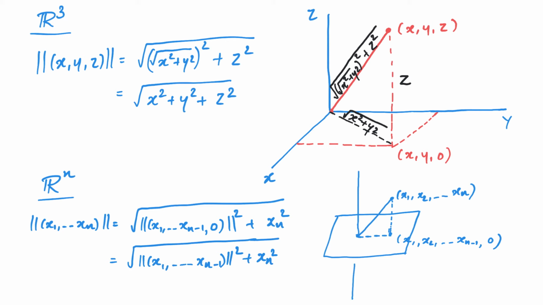And we are assuming that we have already determined what norm is in Rn minus 1. And in Rn minus 1, we are saying by induction that it should be equal to square root of x1 square plus x2 square plus etc. up to xn minus 1 squared. By applying this induction hypothesis, we can prove that the norm on Rn is equal to square root of x1 square plus x2 square plus etc. up to xn square. This analysis has allowed us to define norm on Rn, and this will be extremely important for us.